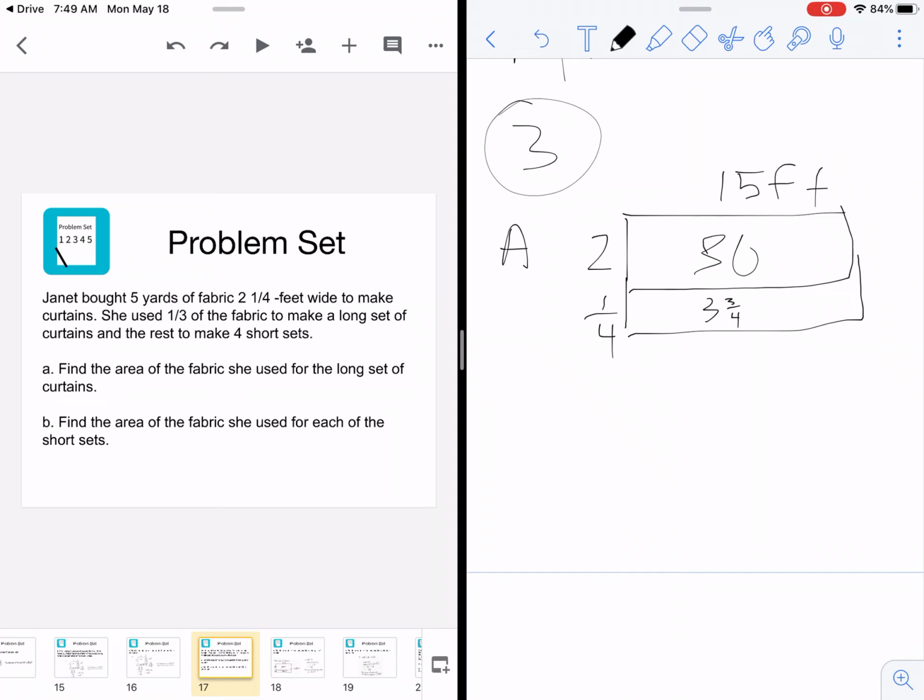And when you add those two together, you get 33 3/4 feet squared. So the area is 33 3/4 feet squared.